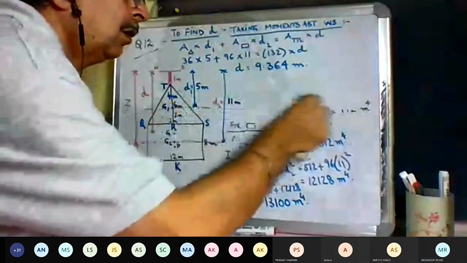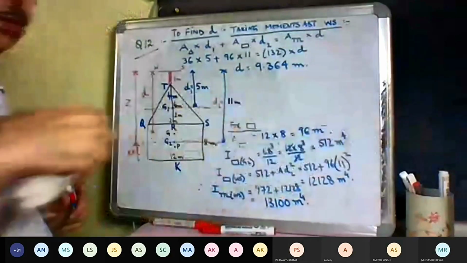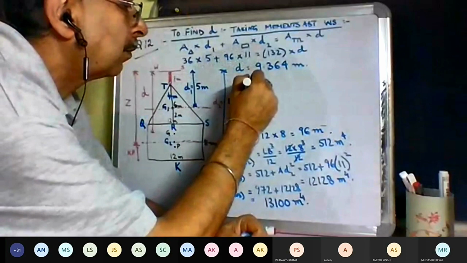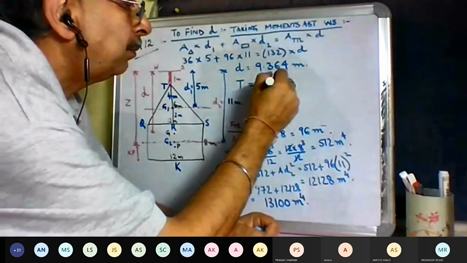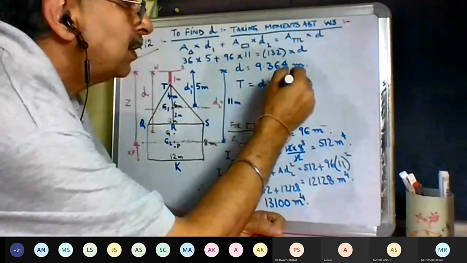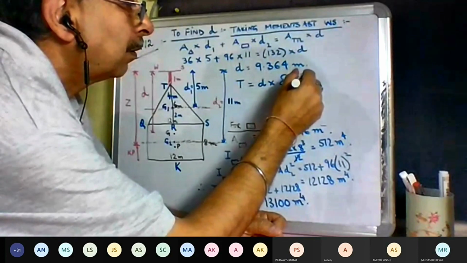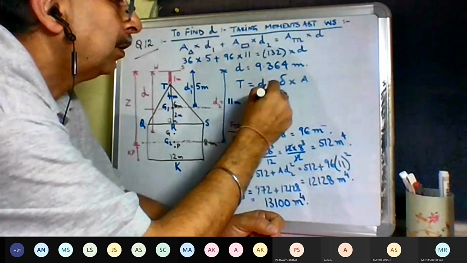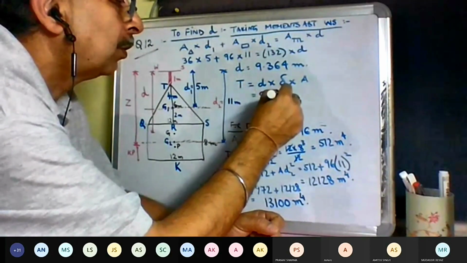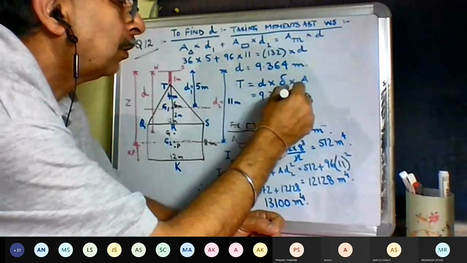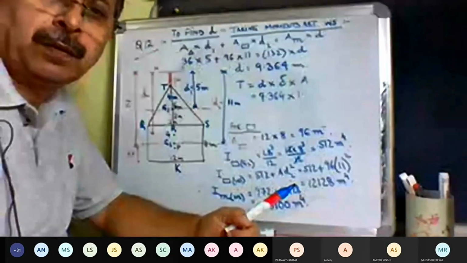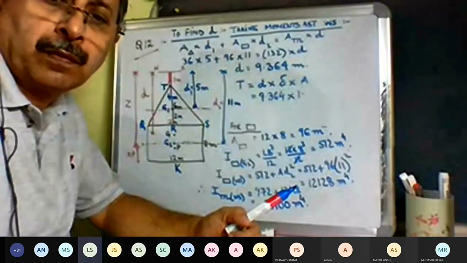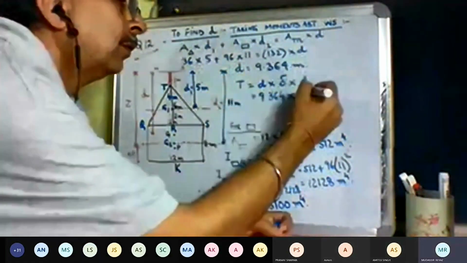All right. So I've got the value. Let me now go to thrust. Thrust is depth into density into area. Depth is 9.364, into density. What was the density in the question? Sea water.